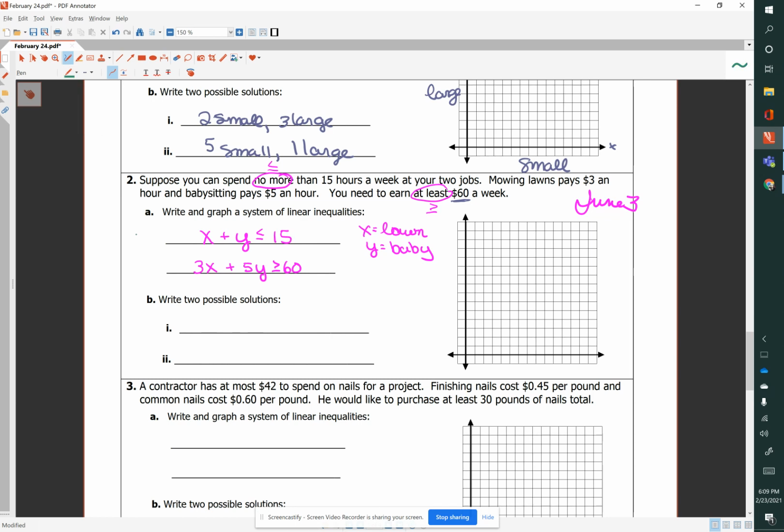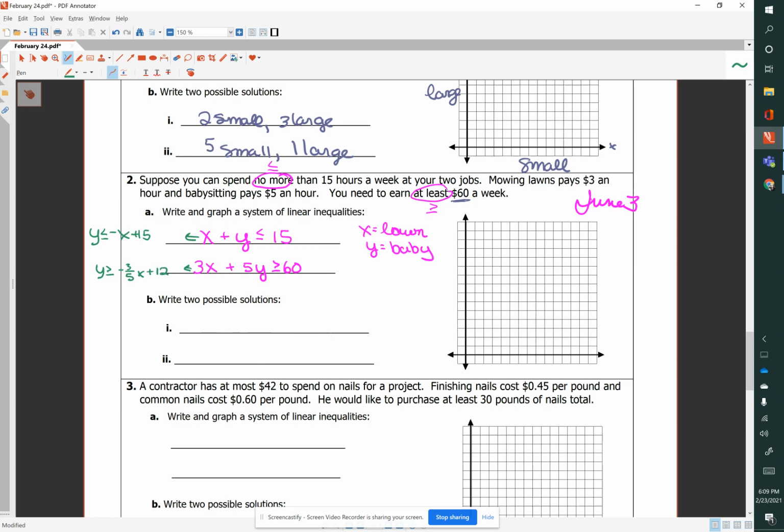The first one, I think I'm going to have to use this side because I've already written over here, would be y is less than or equal to negative x plus 15. And the second inequality would be y is greater than or equal to negative 3/5 x plus 12.